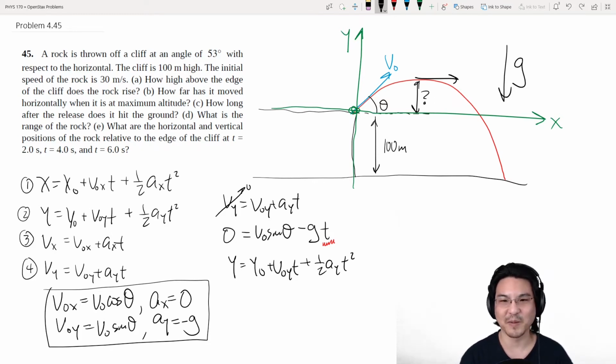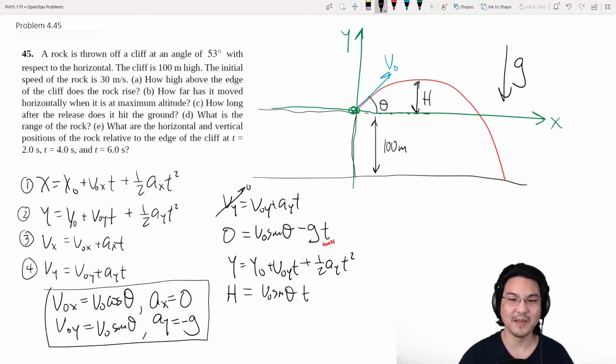I'll call it h for height. So h is what we're looking for. This is 0 based on how I picked my origin. V naught y is v naught sine theta, t. Ay is negative, so negative.